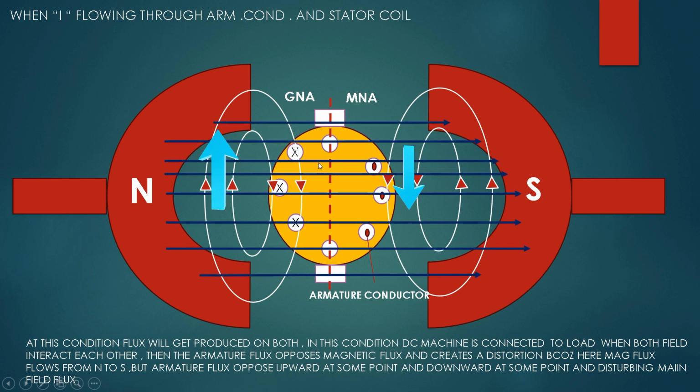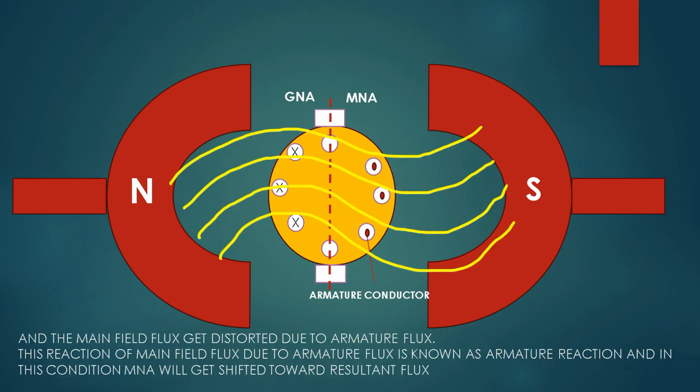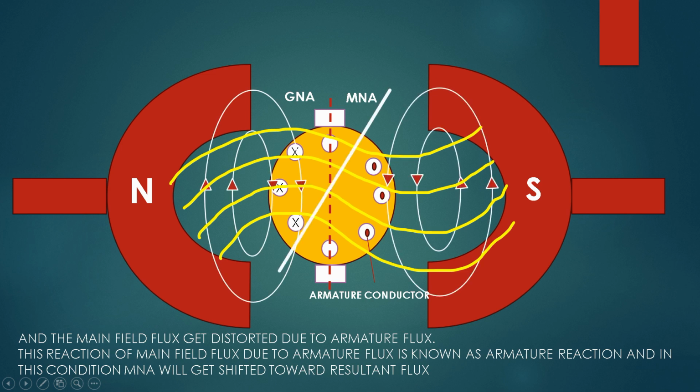As you can see, now the main field flux will be like this. This reaction of main field flux due to armature flux is known as armature reaction, and due to this condition, the magnetic neutral axis will get shifted to where the resultant flux is more.